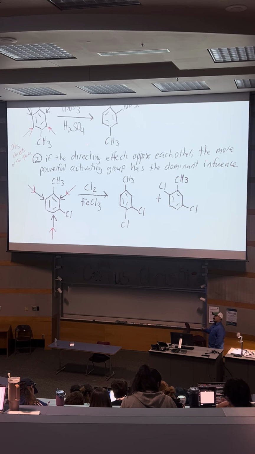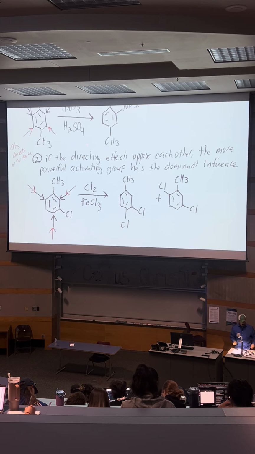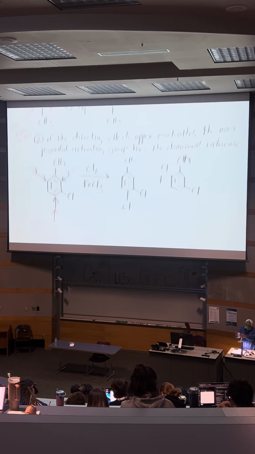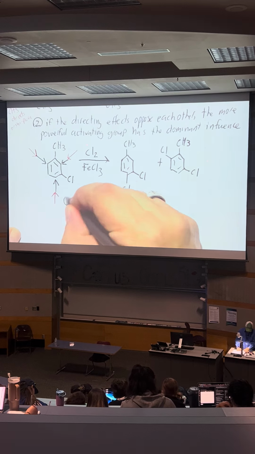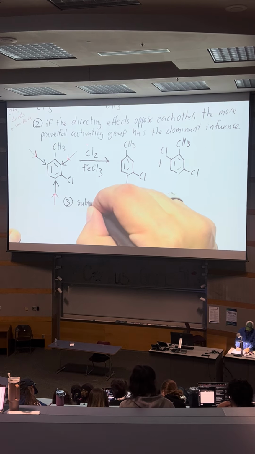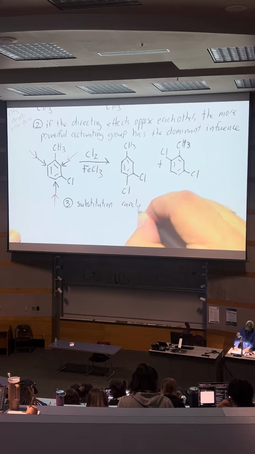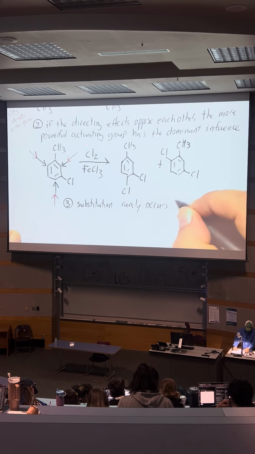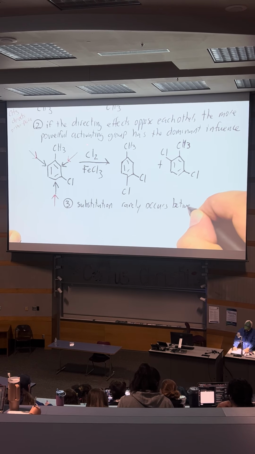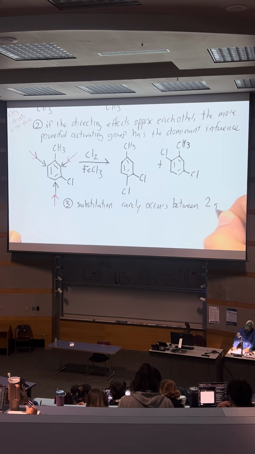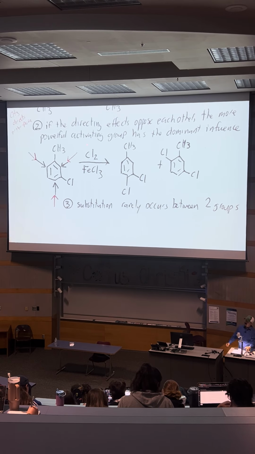And now we're talking about putting a halogen and fitting that between the methyl group and another chlorine atom when you have the two other spots that can easily collide with a higher statistical probability. And so what you find out is substitution rarely occurs between two groups. There's too much steric hindrance.